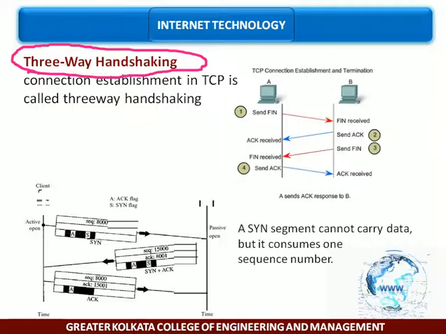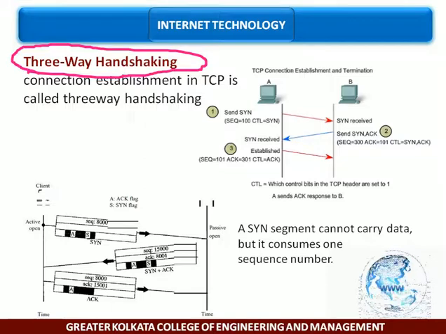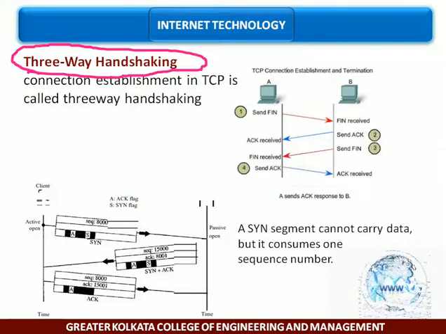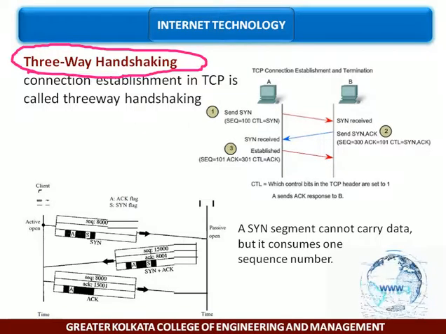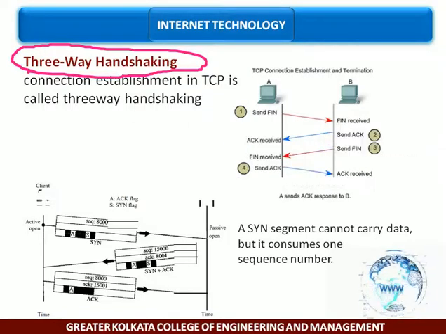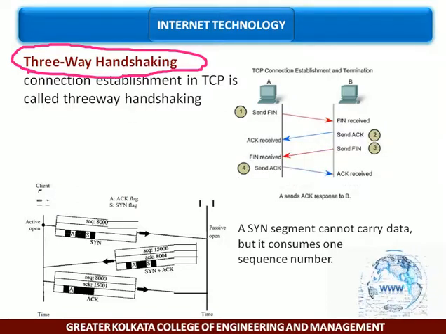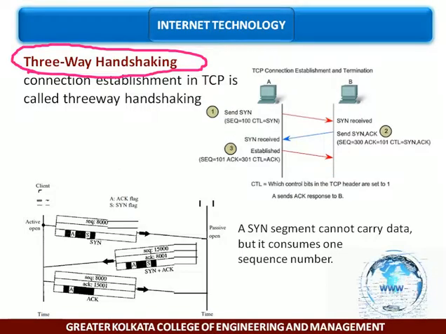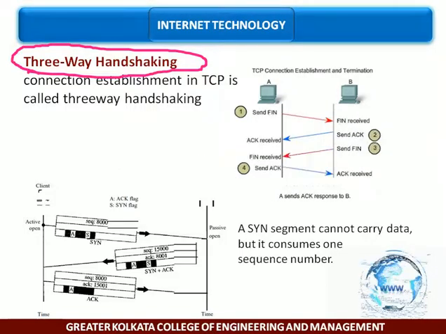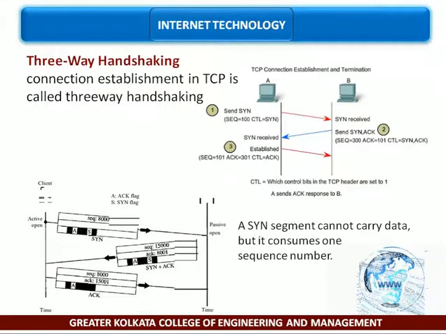In our example, suppose an application program called the client wants to make a connection with another application program, called the server. Using TCP as the transport layer protocol, the process starts with the server. The server program tells its TCP that it is ready to accept a connection. This is called a request for a passive open.